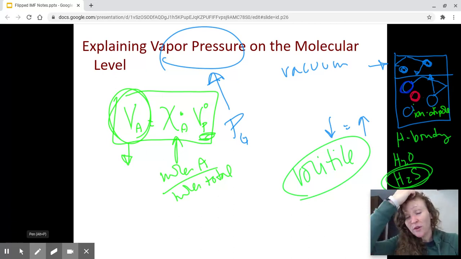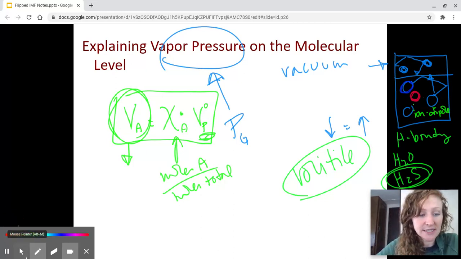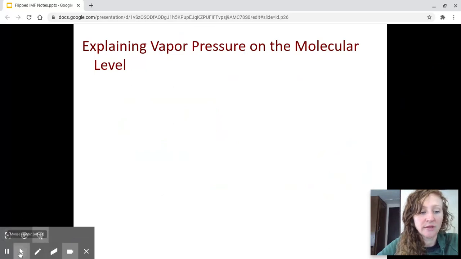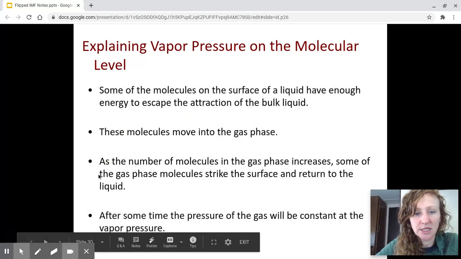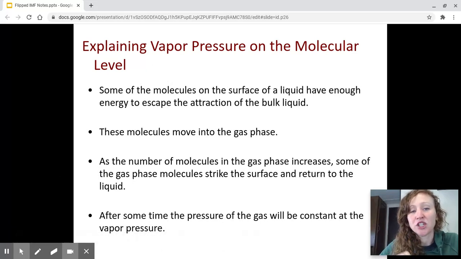Okay, so vapor pressure is affected by intermolecular forces. The stronger the intermolecular forces, the lower the vapor pressure is going to be. This is just a recap on the definition of vapor pressure. If you want to pause the video and read through this, you can. It should be review based on what we've talked about before.